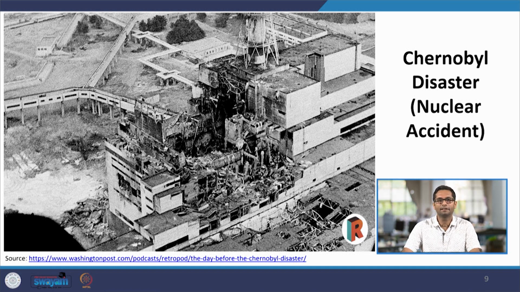That was a direct result of coming in contact with this radioactive material in the soil or in the water. So if you consider the impact that was created on humans as well as different kinds of plants and animals, what we would be saying is the effect on the ecology. So that was more of an ecological effect, in terms of the different kinds of diseases like cancer that were propagated because of this disaster.